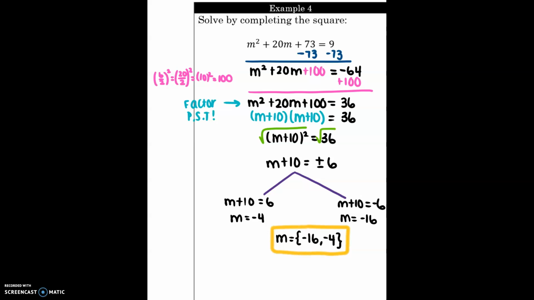From there, you need to factor the perfect square trinomial. Then we are left with m plus 10 squared is equal to 36. Take the square root on both sides, then solve two different equations, and you should have found that your solution for m in this case are the values negative 16 and negative 4.